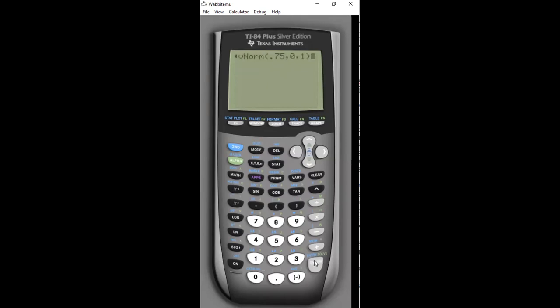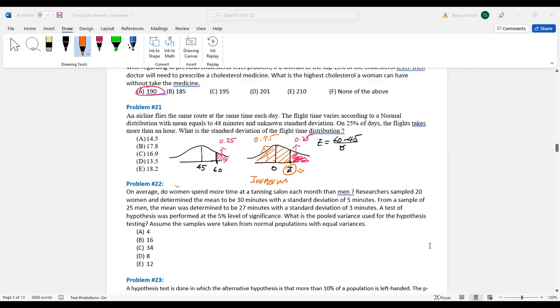And let's see what the z value is. We got 0.674489. All right, so let's go back to our exam review. I just found by using the inverse normal that this z value is 0.6745, right?